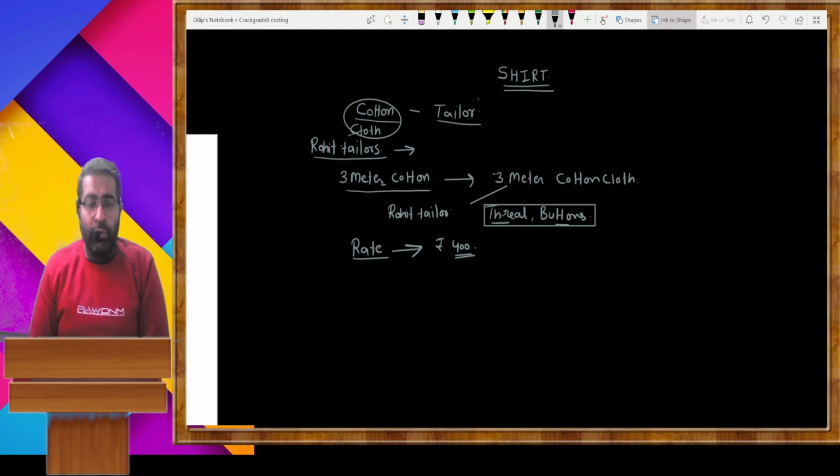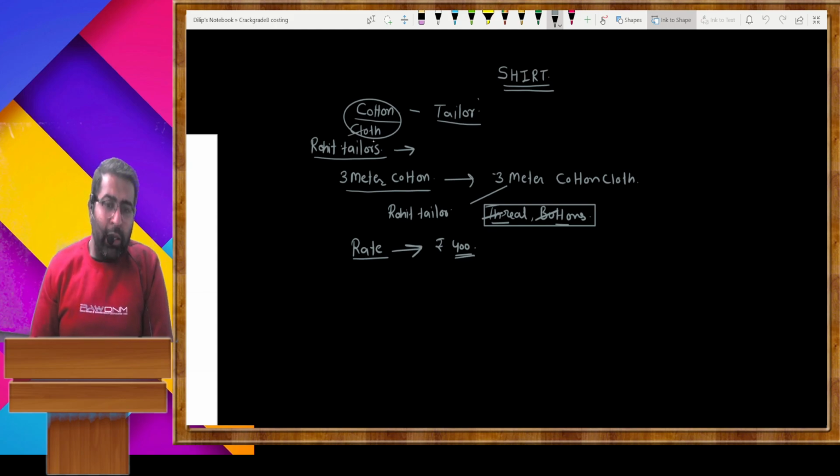There is a need of buttons also. Tell me how much thread is needed and how many buttons are needed. Then the tailor told you that we are not aware how much thread is needed in stitching a shirt or how many buttons are needed, we don't know.